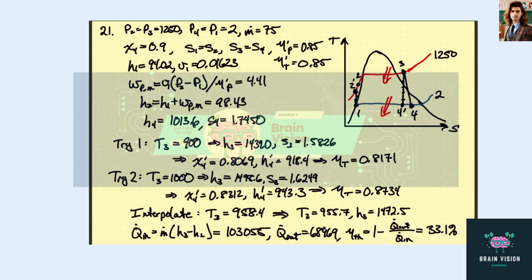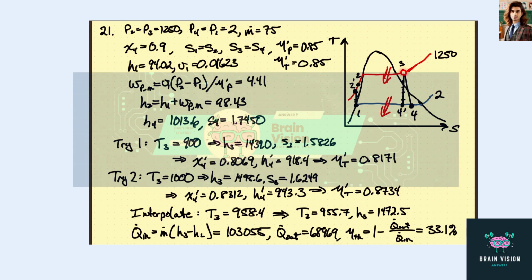Now, what we have to do here is iterate. There are various ways to iterate on this, but one way, and I should put primes on here, is to pick a T3, because we don't know what this temperature is now.